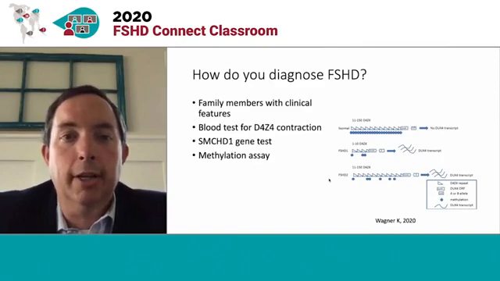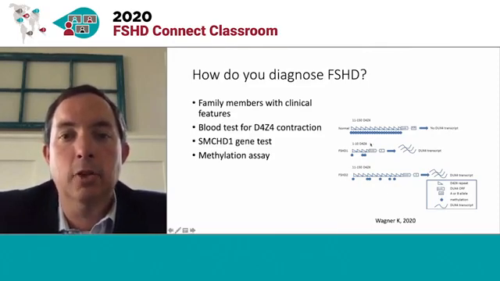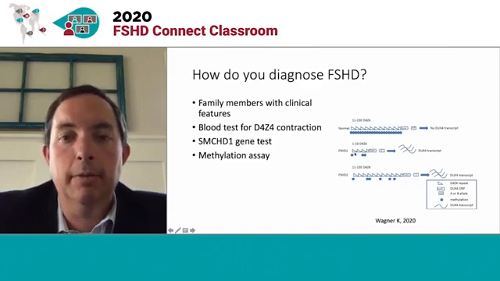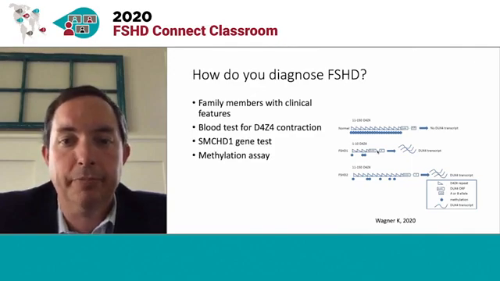In terms of doing the actual diagnostics, there's a couple different approaches that people have taken. Most people do some sort of blood test for the D4Z4 contraction. And if you look at the figure on your right, you can see that normally people have between 11 and 150 D4Z4 repetitive elements, and that in FSHD1, you have a contraction that shortens the overall number of those repetitive elements to anywhere between 1 and 10, 10 being the cutoff, and those with 11 are assumed to not have FSHD.